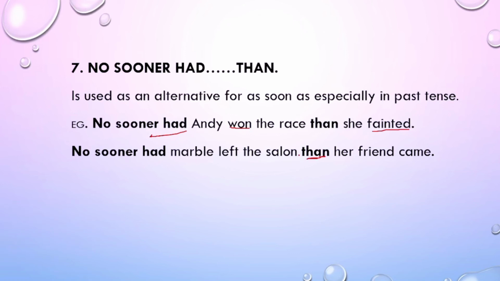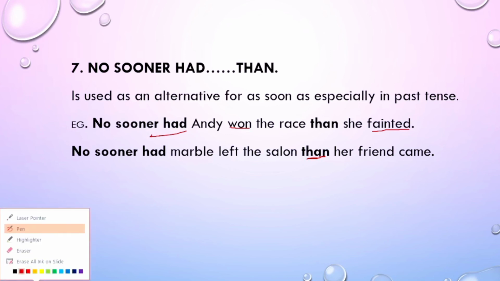You are not supposed to put a comma here. No. So no sooner had Mabel left the salon than her friend came. Just like that. This time conjunction comes in the exam almost every year. It comes in the exam almost every year. So you are advised to make sure that you know how to use it.